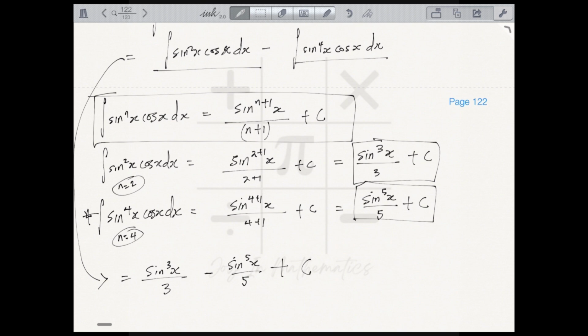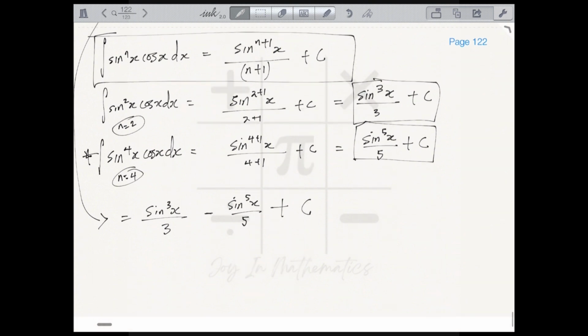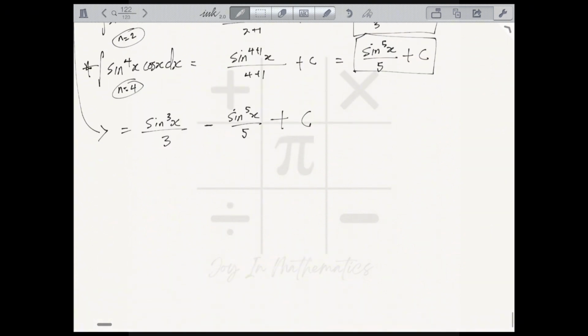So as we conclude this video, let us recall the two ways of integrating the powers of sine. We know that when we integrate cos n theta sine theta d theta, we will have minus cos n plus 1 theta divided by n plus 1 plus c.